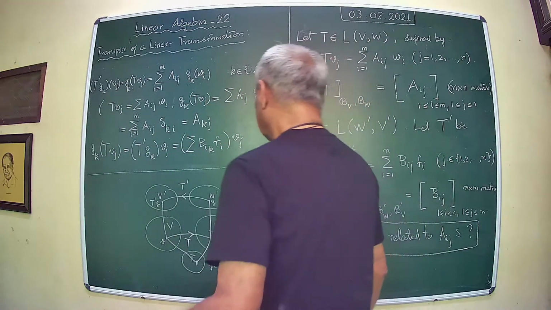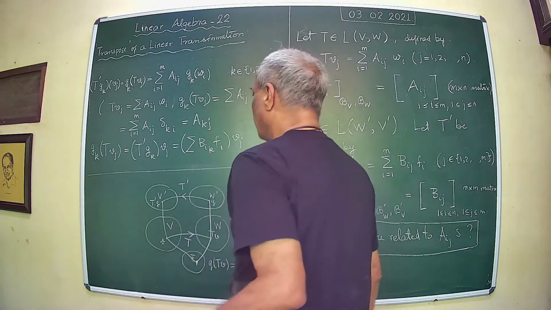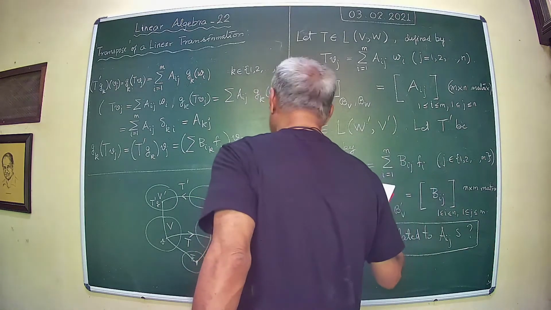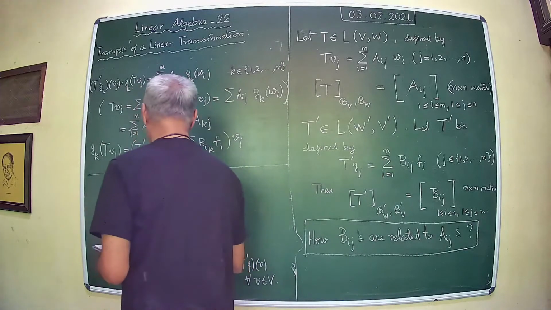That's the definition. So simply writing down the definition that this relation T prime of Gj equal to this one, J is replaced by K, that's the only difference that we have.